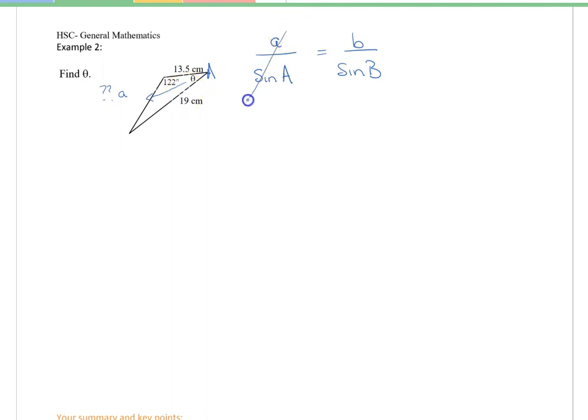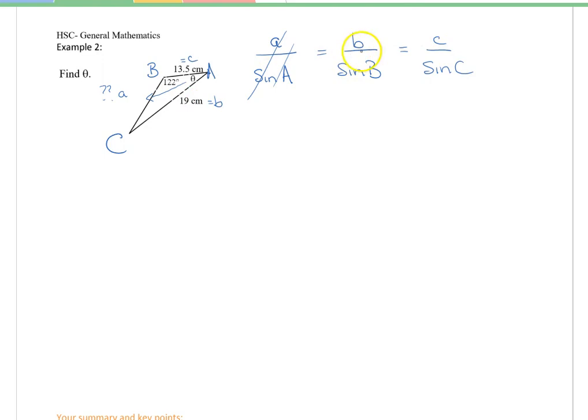I can't have two unknowns, so maybe I'm actually using B on sine B is C on sine C. Now let's see if that works. So let me call this one B, and the side opposite will be B, and this will be angle C, and this will be side C. So yes, I could use this combination.